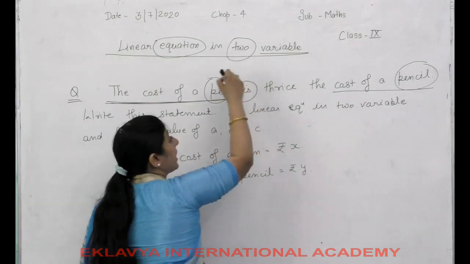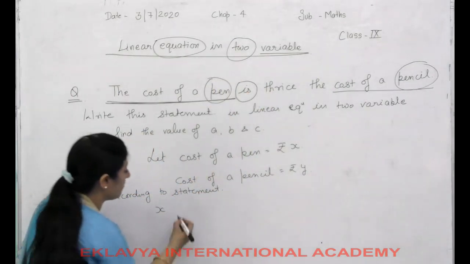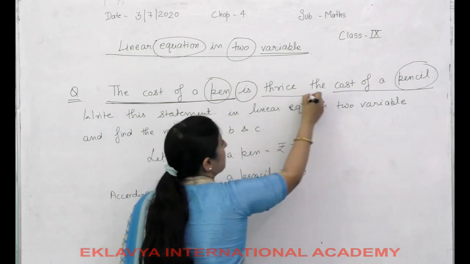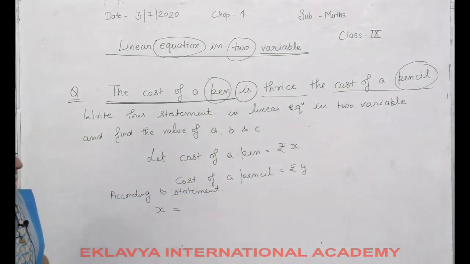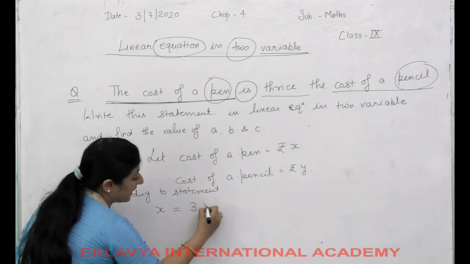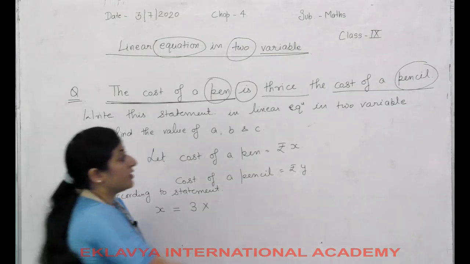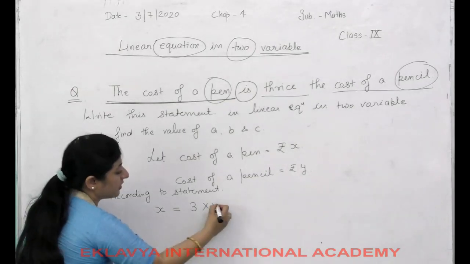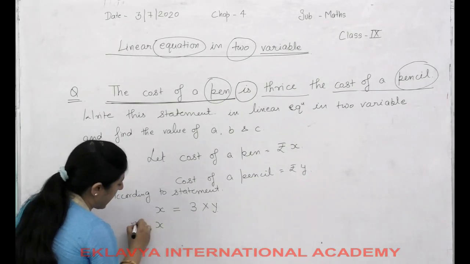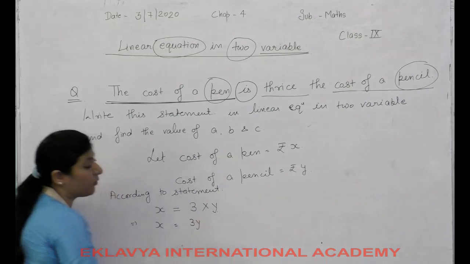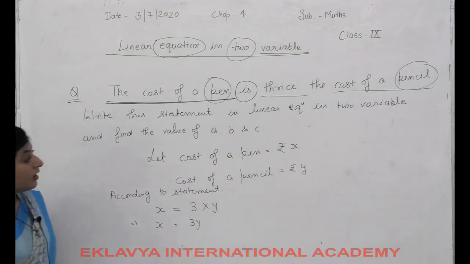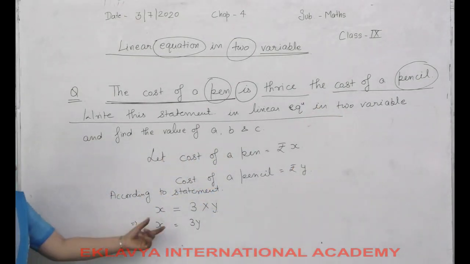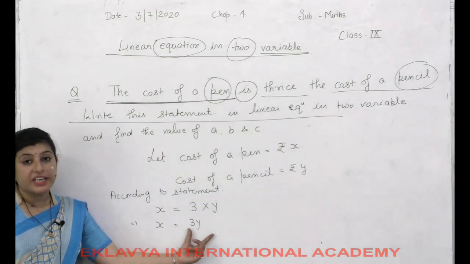If any type of helping verb comes, then we always put an equal sign for it. Thrice means 3 times, that is 3 multiply. The cost of a pencil, what is the cost of a pencil? y. Then it becomes the equation x is equal to 3y. Write this statement in linear equation in two variables. This is our answer, that is x is equal to 3y.